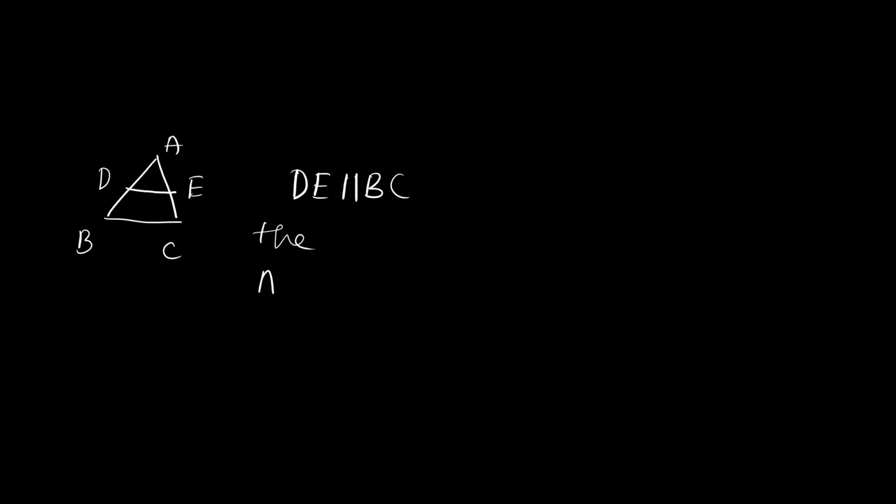So what BPT theorem states is, if there is a triangle and a line intersecting two sides of the triangle which is parallel to the third side, that is, if DE is parallel to BC intersecting the other two sides of the triangle, then AD by DB is equal to AE by EC.